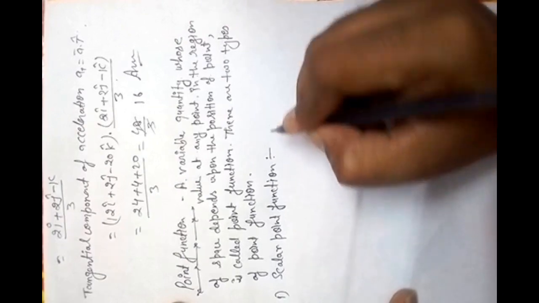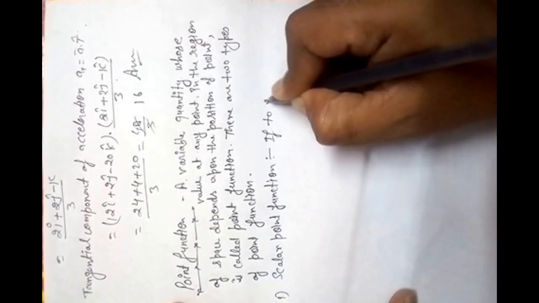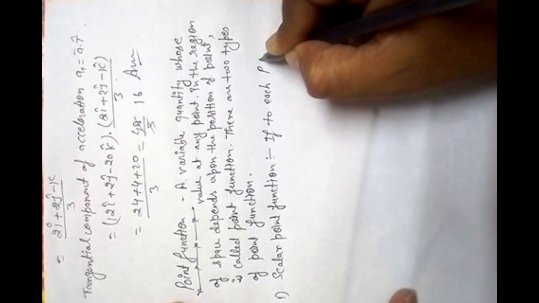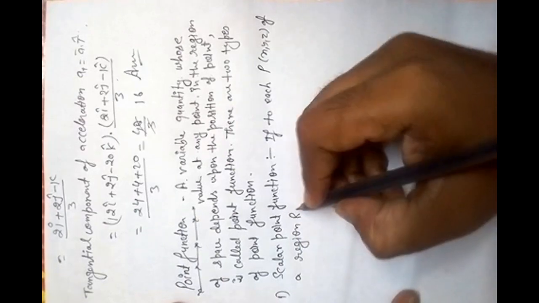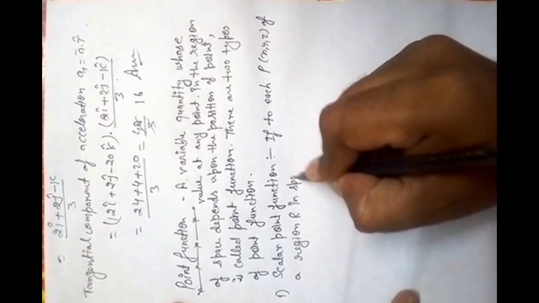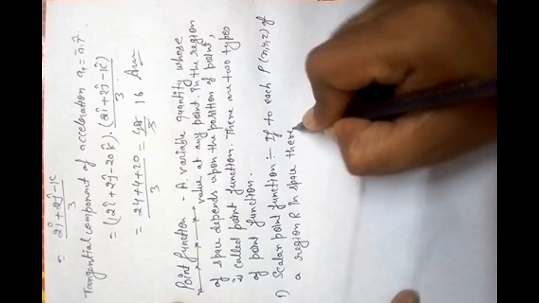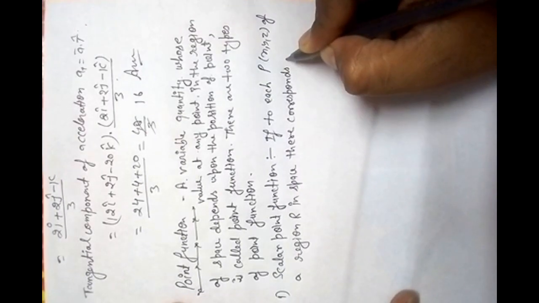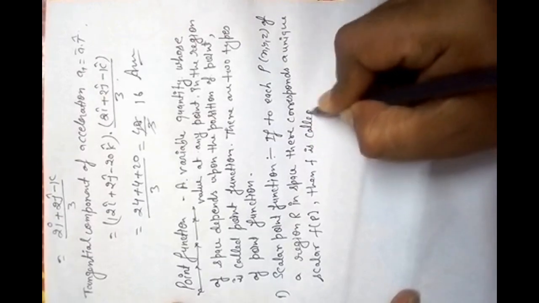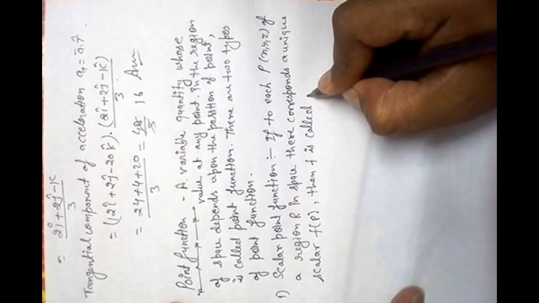Okay, so if to each point P (x, y, z) of a region capital R in space there corresponds a unique scalar f(P), then f is called scalar point function.